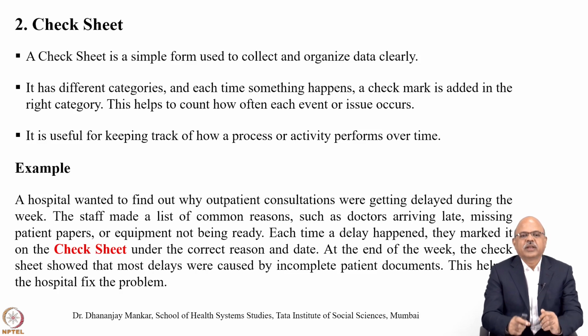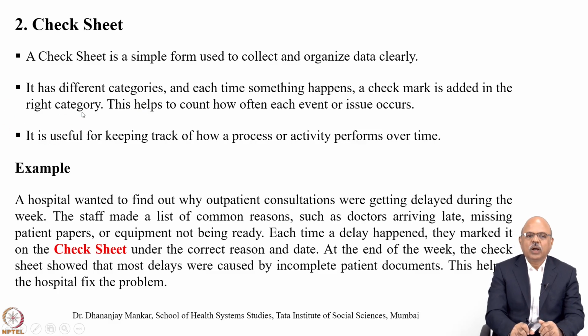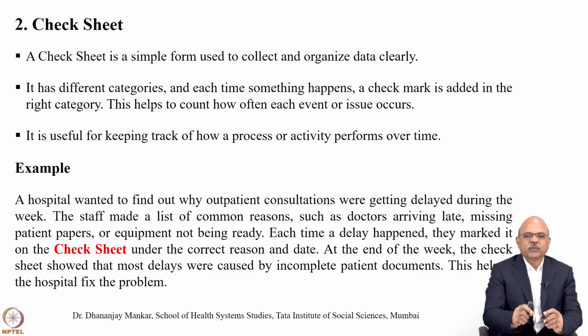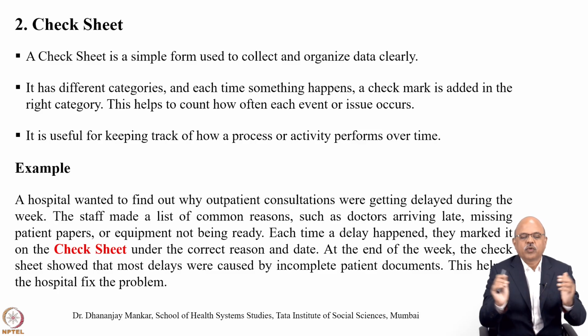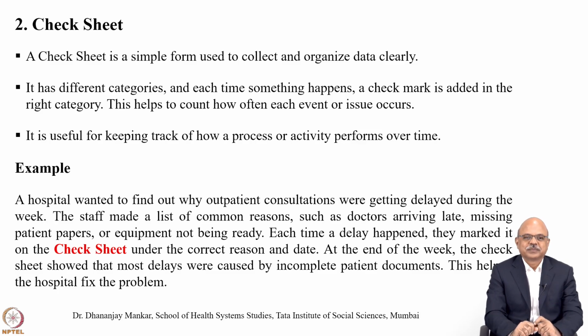A check sheet has different categories, and each time something happens, a check mark is added in the right category. So there is always a point of emphasizing the right category. This counts how often each event or issue occurs. It is useful for keeping track of how a process or activity performs over time. So the check sheet is very valuable among the quality tools.